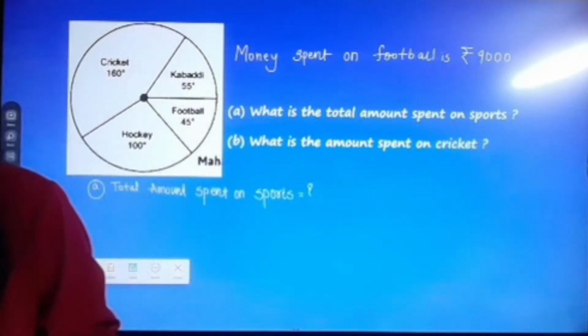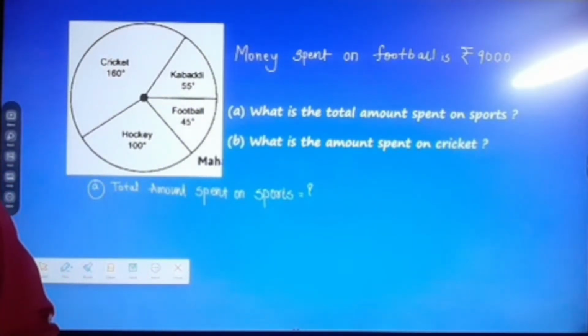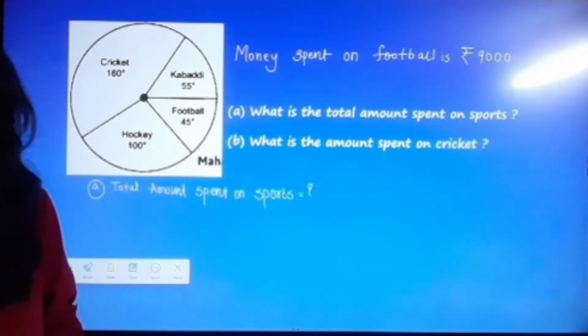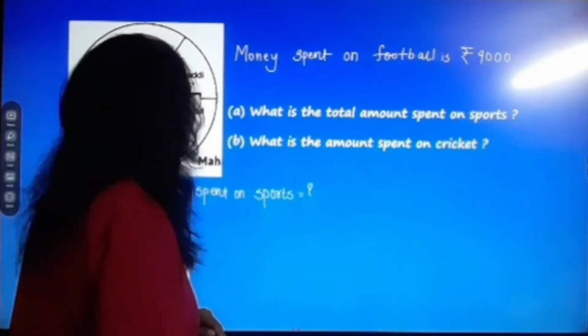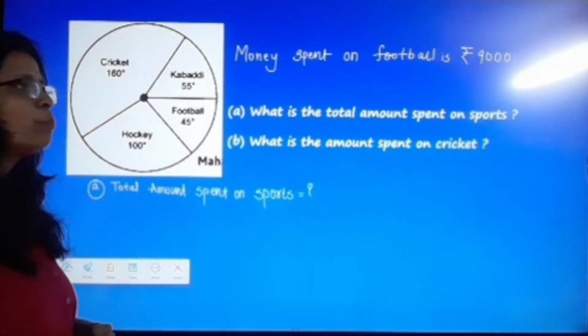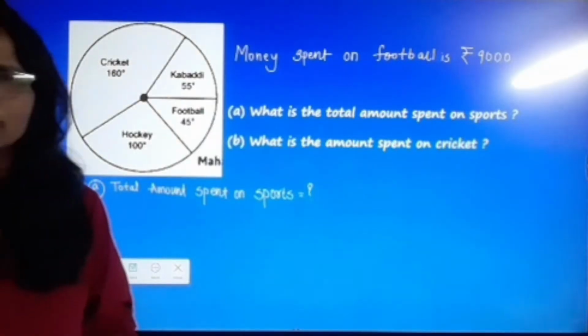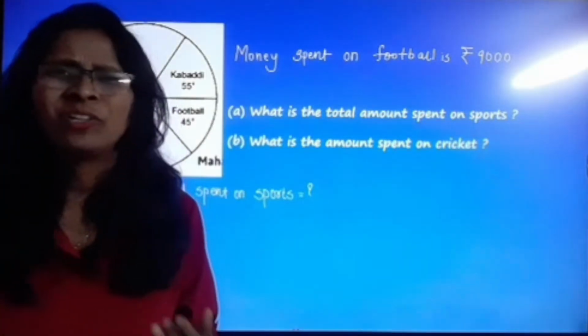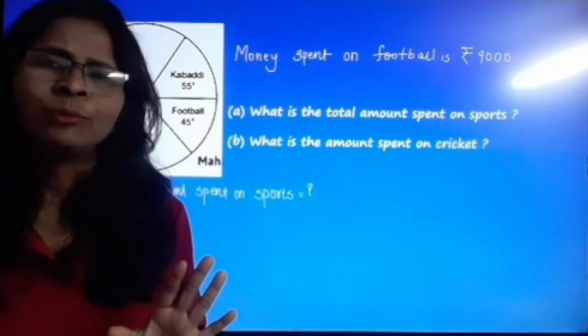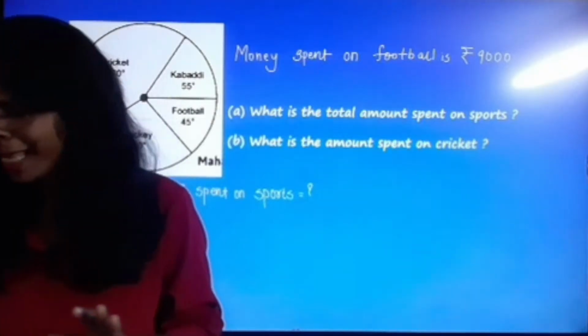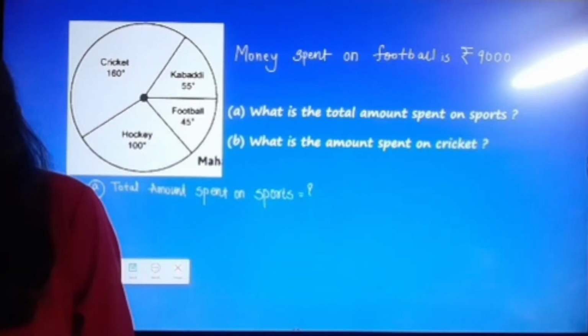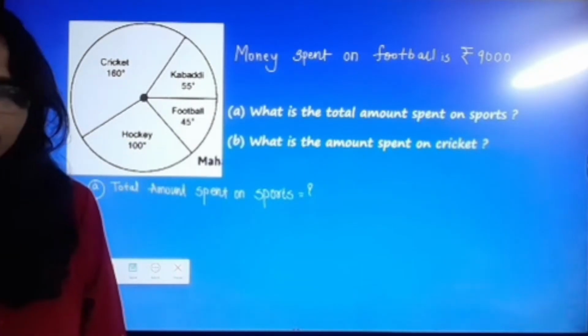So now first I consider that the total amount spent on sports is equal to X. You do not have to assume that; only write it down this way if the example directly states it.